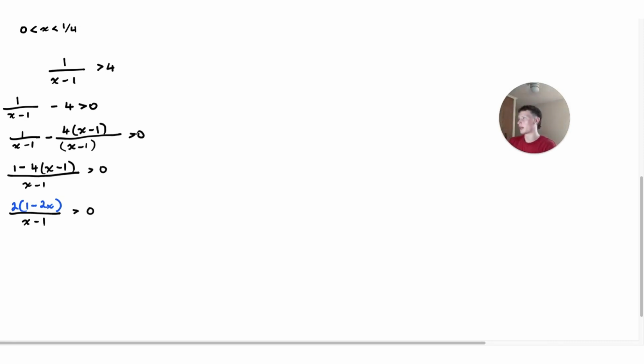So now we've got to find our critical points. And they are, again, going to be when the denominator or the numerator is 0. And on the top, we would have to have 1 minus 2x equals 0, which means that x equals a half.